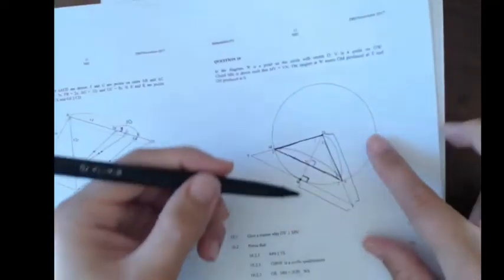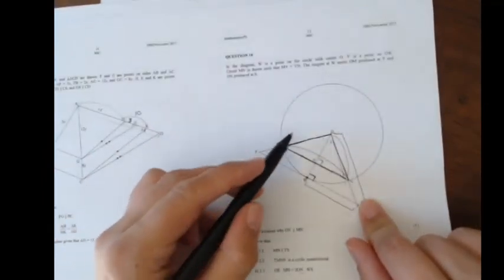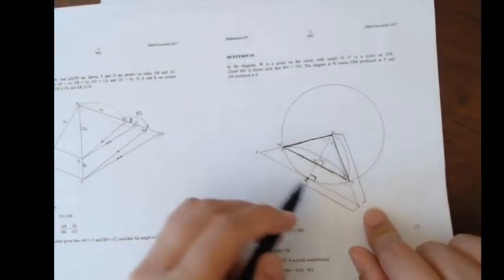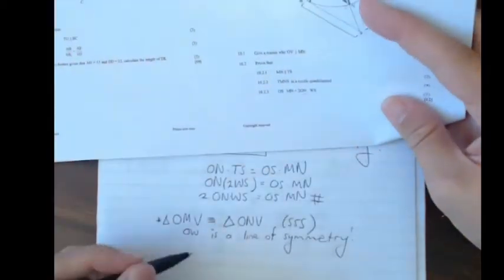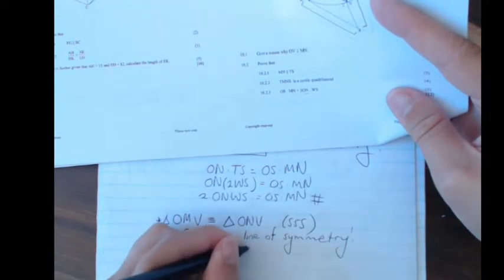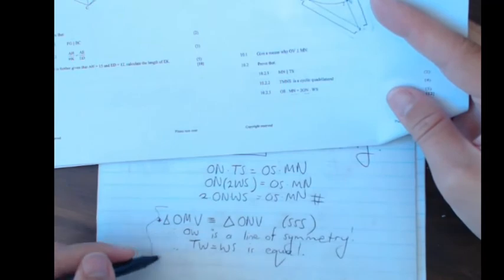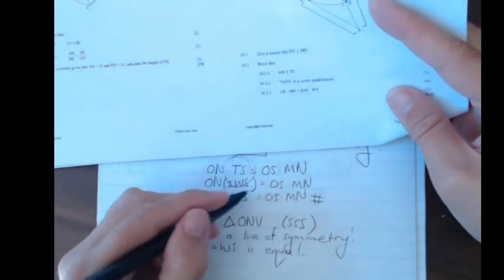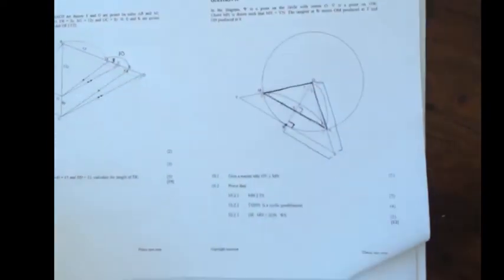And since that is a line of symmetry in this triangle, and this just extended is also going to be a line of symmetry of that triangle. So TW and WS is equal. So just have some sort of argument there why you replace that TS with 2WS when you do this question.